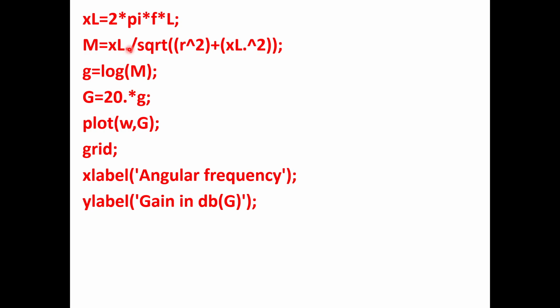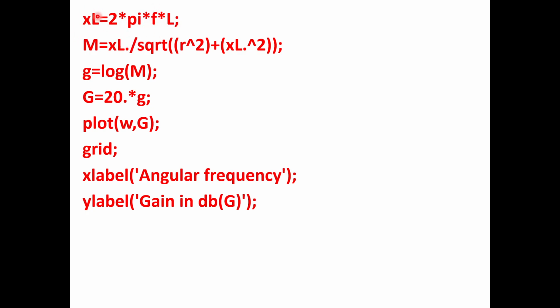So you will put the dot whenever those terms are repeating for all the values. You can see XL is equal to 2 pi f L, and we know f is varying. There are many frequency values. So for each frequency XL has to be calculated.